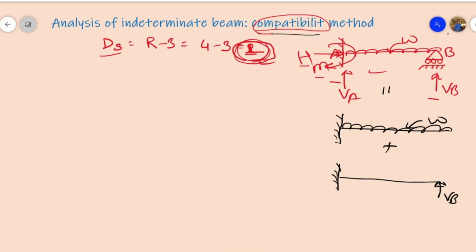So we can write this beam is equal to the combination of these two beams: one cantilever with loaded UDL and one cantilever with the sustained reaction VB.